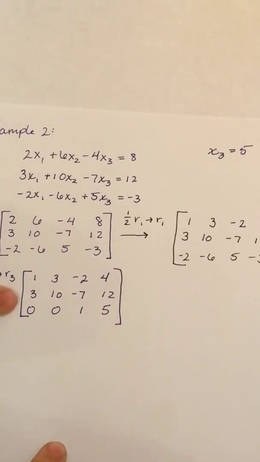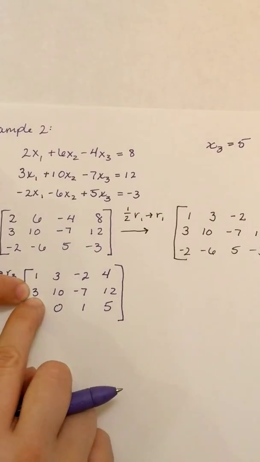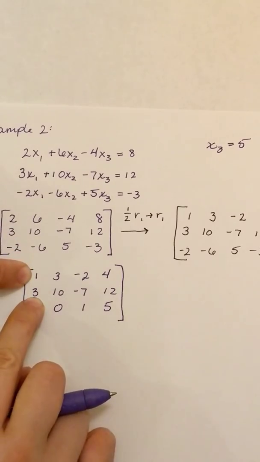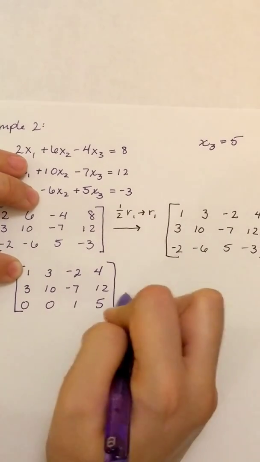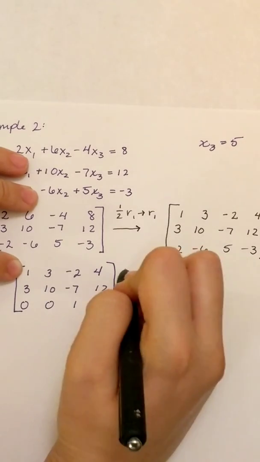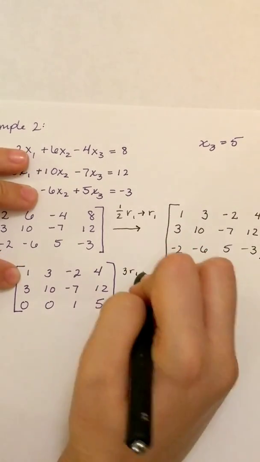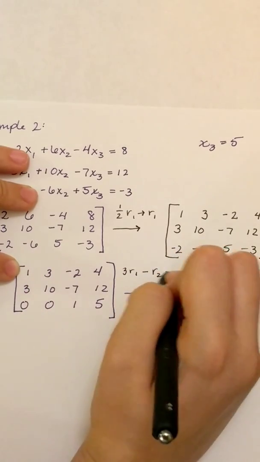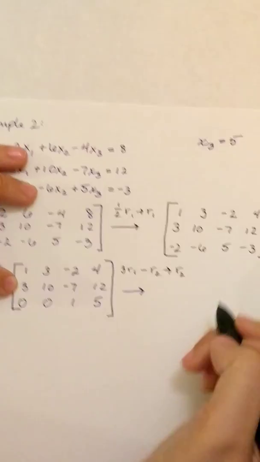And then next, I need to work on getting that 3 to be a 0. I can play off the first row again. So I'm going to say 3 R1 minus, since they're opposite in sign, R2, and that's going to be placed into R2.